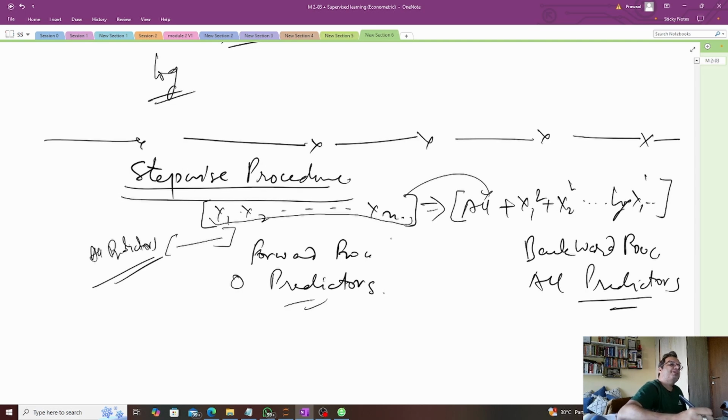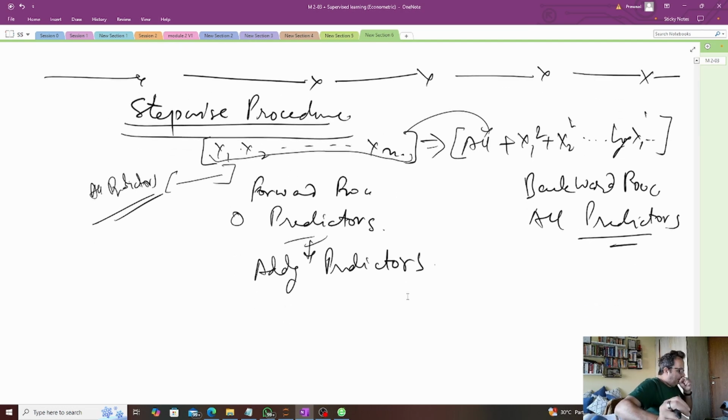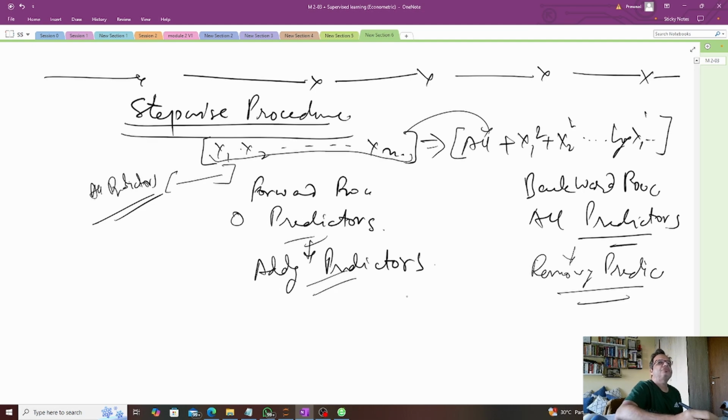In the forward pass, you slowly start adding predictors, and in the backward pass, you slowly start removing predictors. So you try all the permutations and combinations of these predictors by addition here and subtraction here.